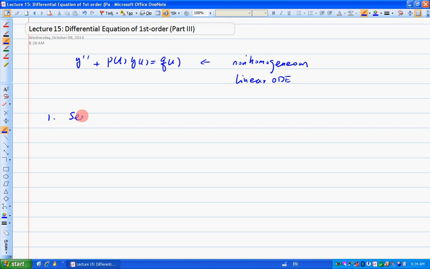It's called a separable equation. The general format of the separable equation is this. You have y prime equal to f of x, y, and this function f of x, y can be separated into 2 functions.